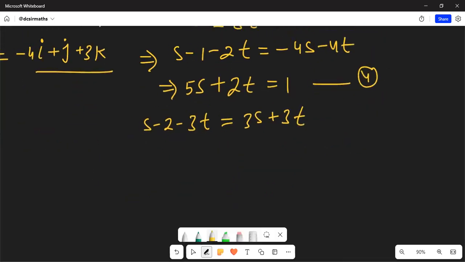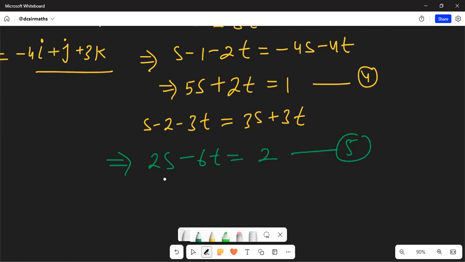Now this will give you s minus 3s, which is minus 2s, and minus 6t is equal to 2. Let's say this is equation number 5. We want to solve 4 and 5 now.